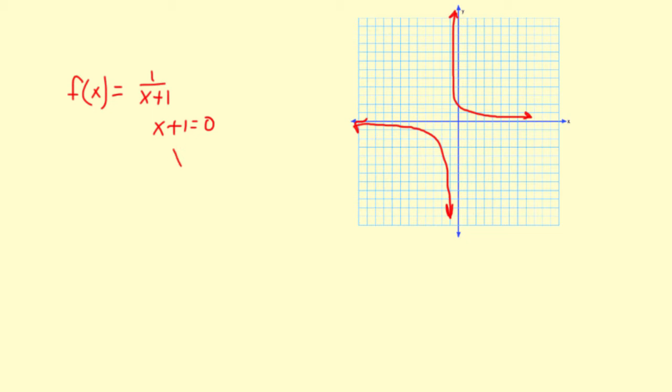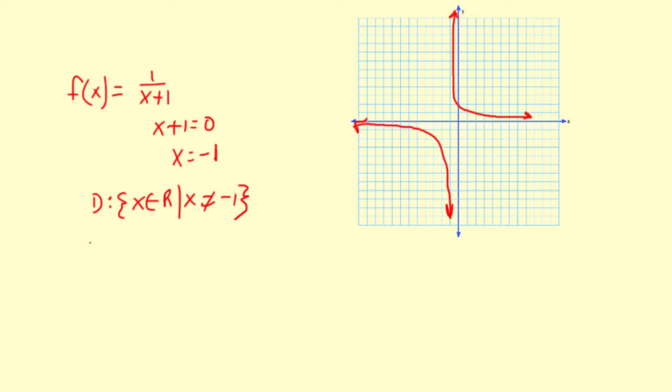So if you solve that, you get x equals -1. So that tells me that in set builder notation, the domain is going to be x is an element of the real number set such that x is not equal to -1. It's much easier to put not equal to -1 than to try and put all the values that it can be.